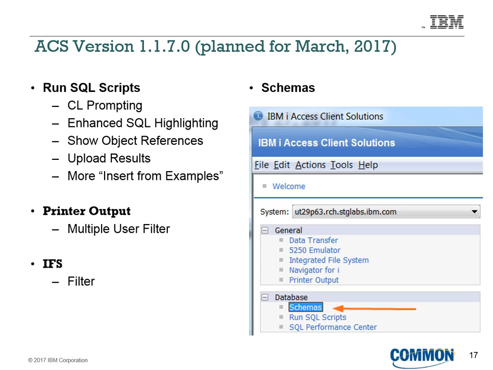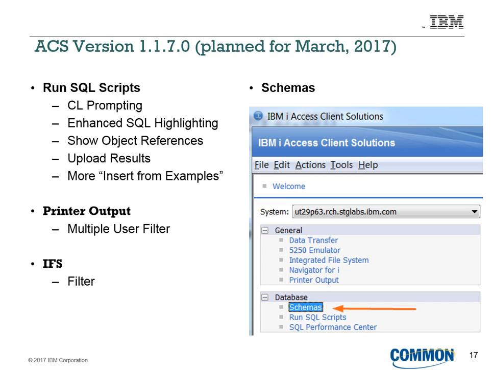CL prompting, I'll show you in a second. Enhanced SQL highlighting allows you to more easily debug the SQL that you're trying to execute. Show object references gives you insight into what the parser thinks of your SQL. No, our parser is not going to criticize your SQL. It's going to show you what objects and columns your SQL references so that you can understand the true impact of your SQL. Maybe do better impact analysis.